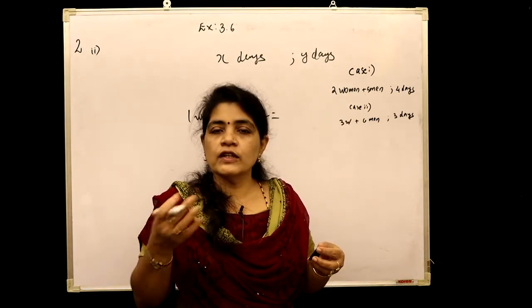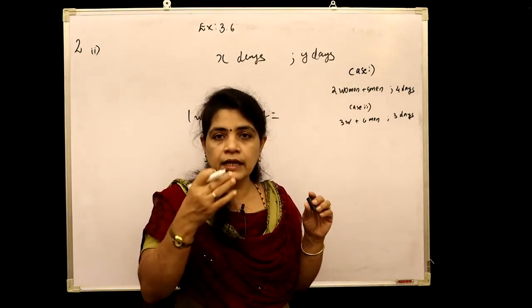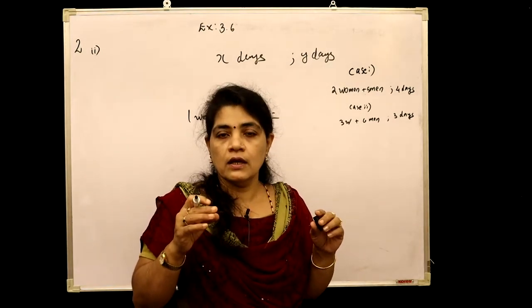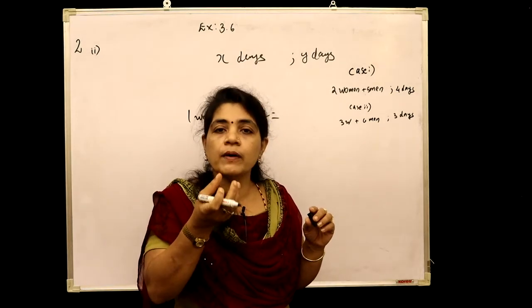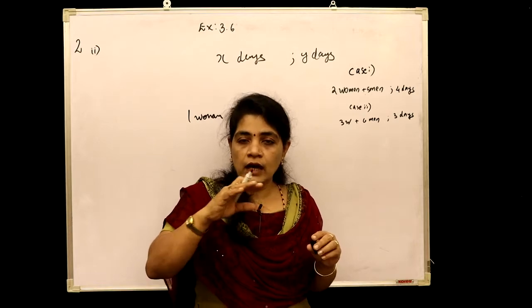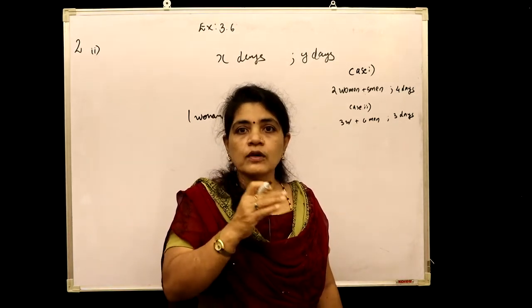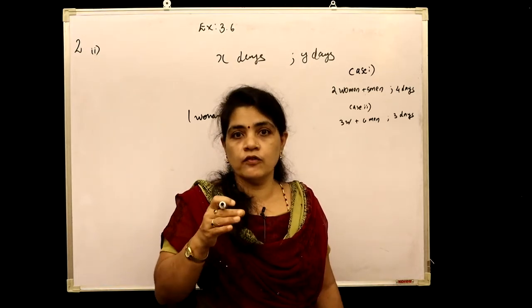For that, children, suppose we are reading one book for 4 days. What part is finished in one day? We have taken 4 days to finish the work, so the part of the book read in one day will be 1/4.